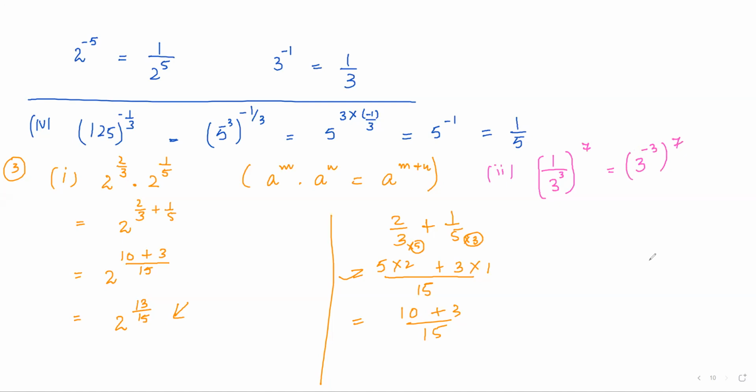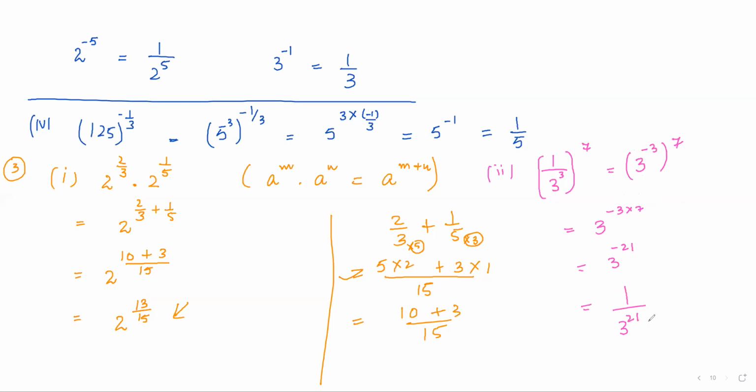Yes, if you want to take it in the numerator, the power will become negative. Now it is a to the power mn kind of number, so powers will be multiplied. So 3 into minus 3 into 7. That means 3 to the power minus 21, which you can again bring to the denominator and write 3 to the power 21 is the answer.